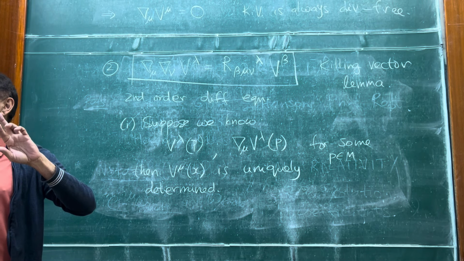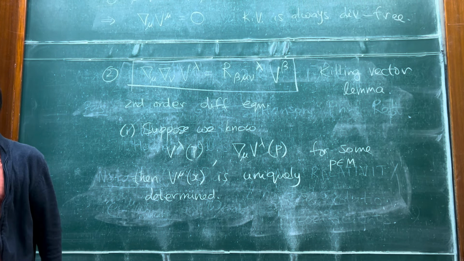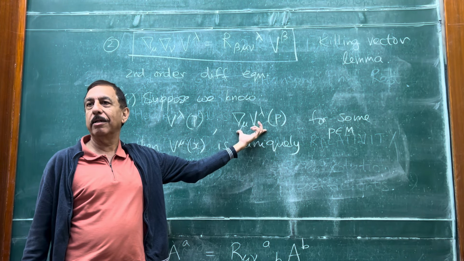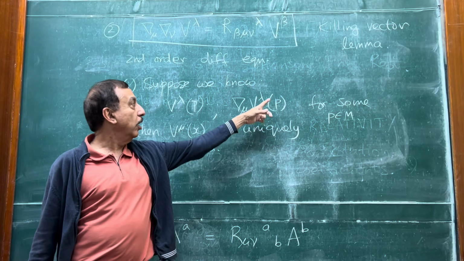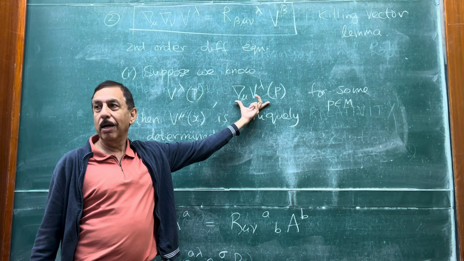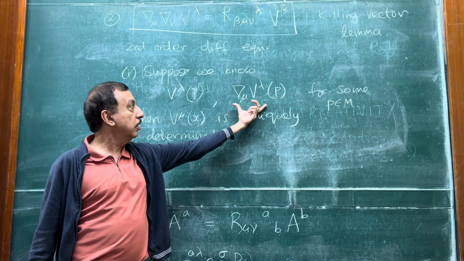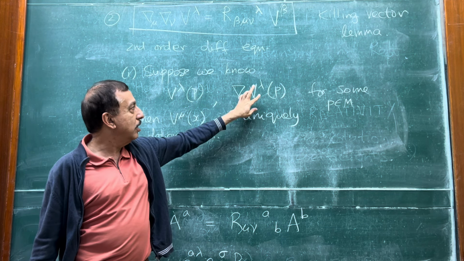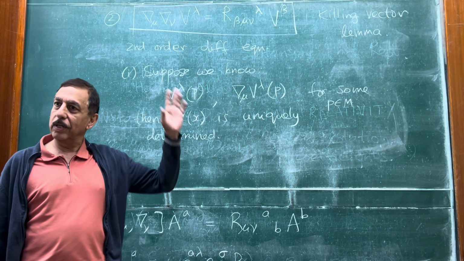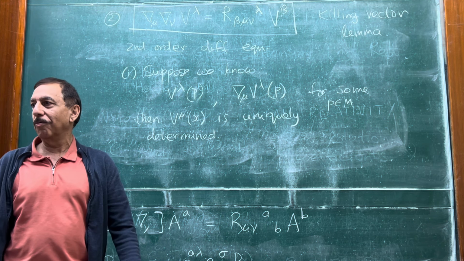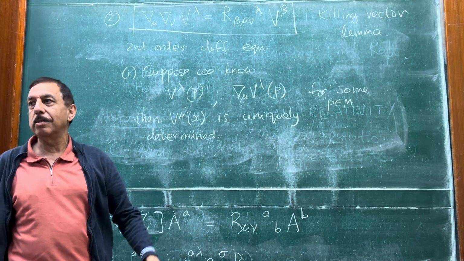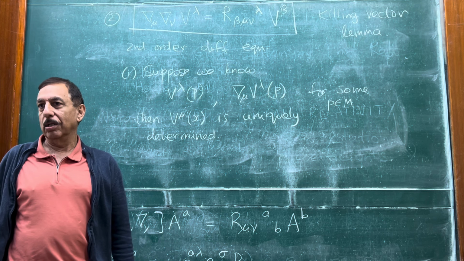That means the gradient mu V nu is minus the reverse. And that means this initial data should be antisymmetric. I'm not allowed to give any gradient of V. I have to give at this point P such a gradient that this derivative of V lambda is minus this derivative of V mu. So that first equation just constrains what kind of gradients we can have. But this equation can now actually be solved because the right side contains the data of the manifold.